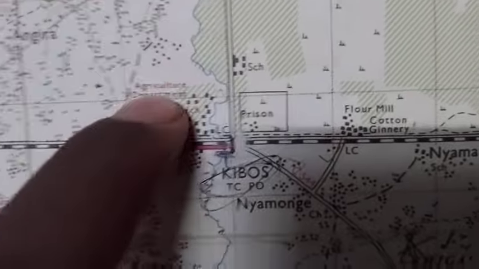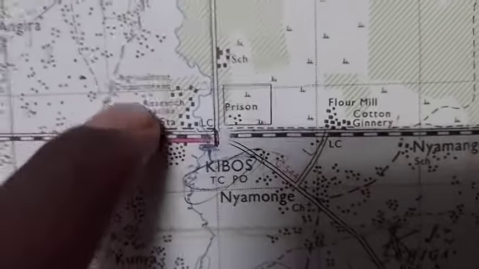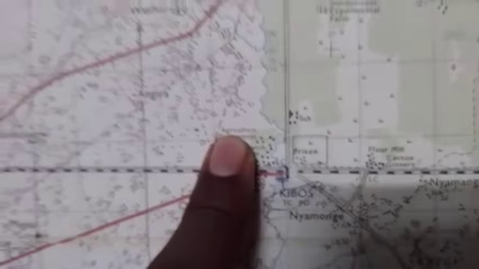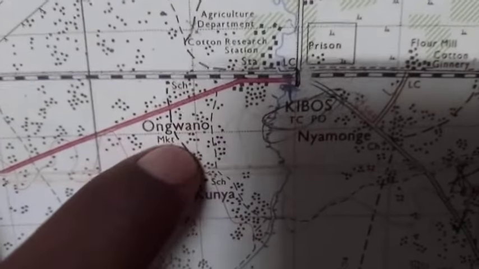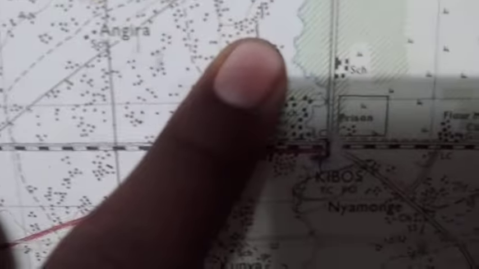Going to this 93, you're seeing that those represent the main tracks or motorable tracks. So those are the features: the agricultural department, the motorable tracks and settlements.